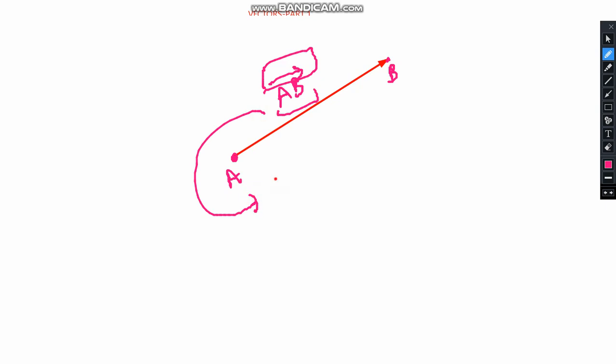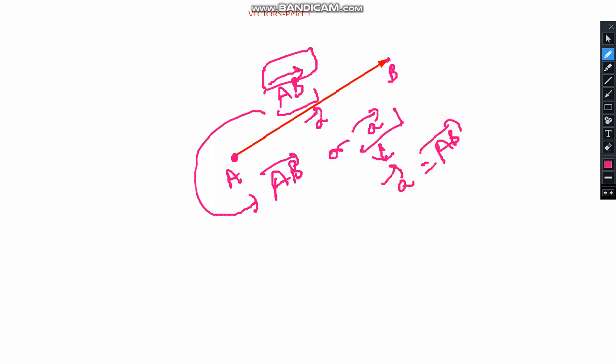This is how we represent vectors. Or for simplification, in many calculations we just call this vector A. Any variable you can use, and just say vector A is basically vector AB. Same thing. Very useful concept. That's how you represent vectors.